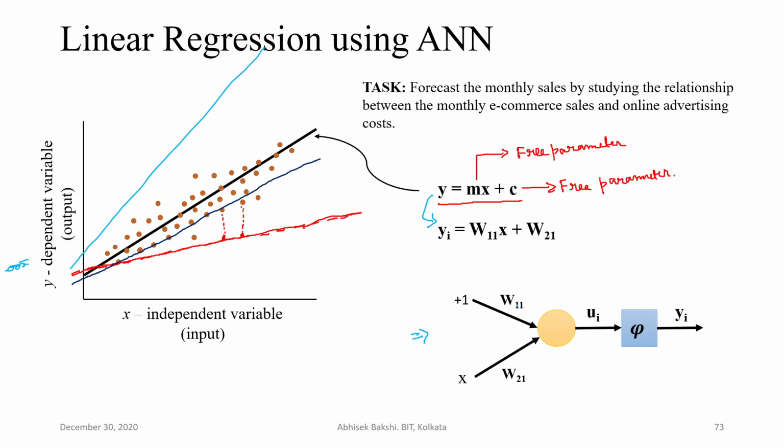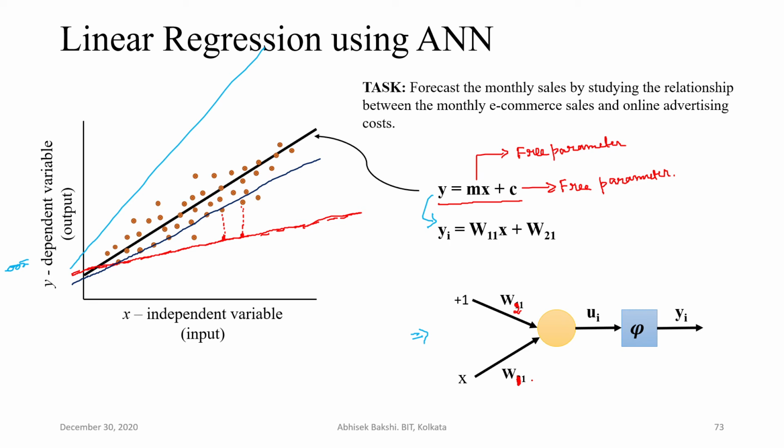By mistake it should be, let's correct it here. This should be W21, I think. Yes, this should be W21 and this should be W11. I just made a mistake when I drew that.